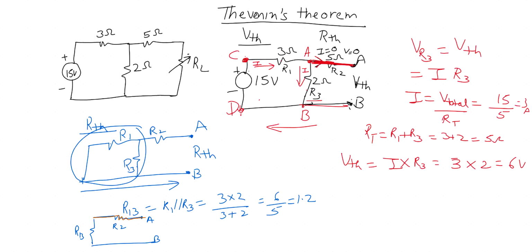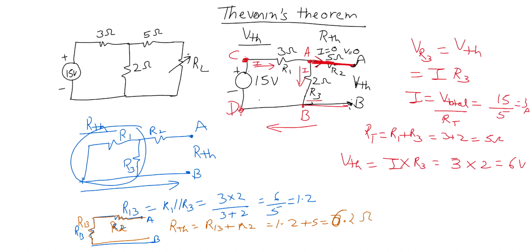Now RThevenin will be R13 plus R2 because both are in series. That means 1.2 plus 5 gives me 6.2 ohm. This is your RThevenin.